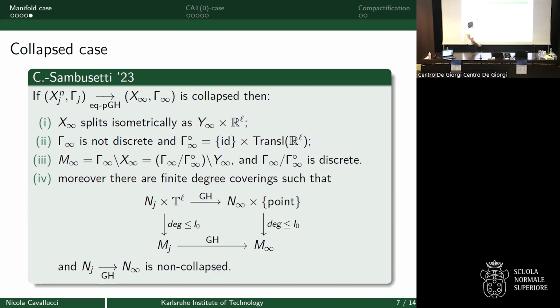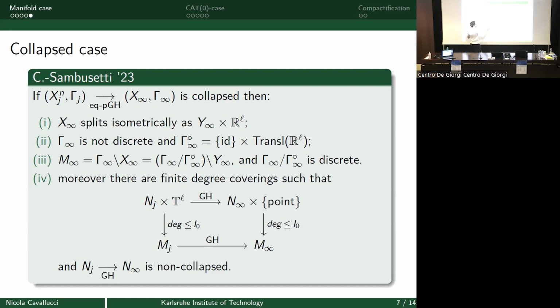But still, we can control the connected component of the identity. So what is this continuous part? It's the one-parameter groups in the limit. It is exactly the group of isometries that acts as the identity on this factor and as every translation on this part. So our space, M infinity, which is the quotient of the limit space by the limit group, can be obtained by first quotienting by this normal subgroup.